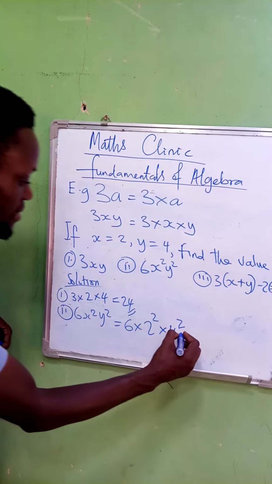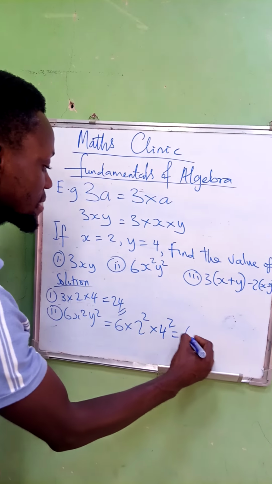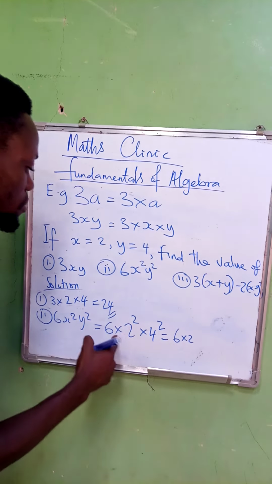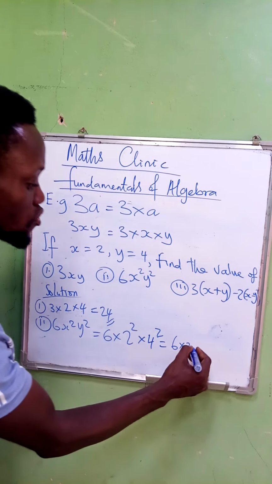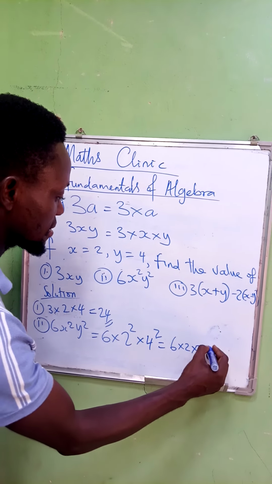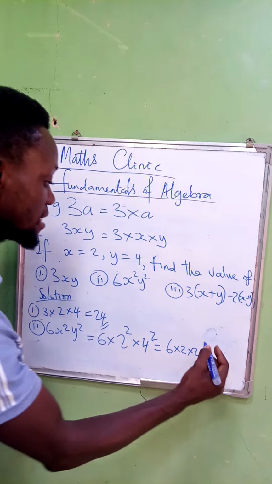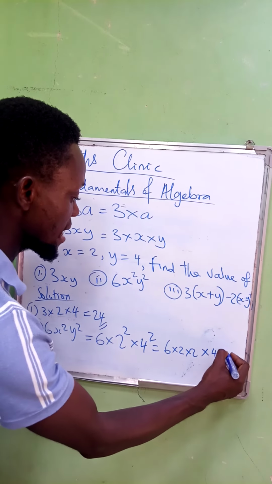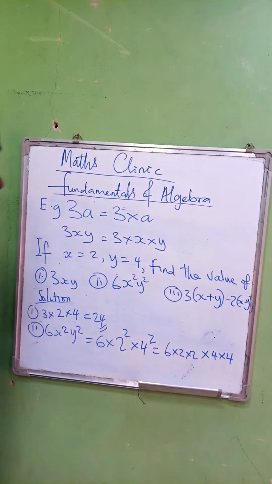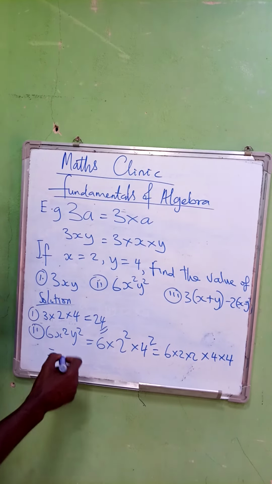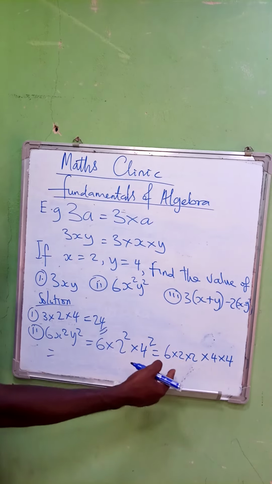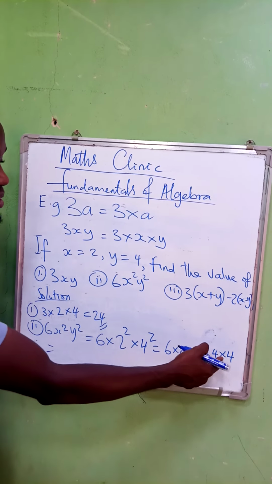Now what does this mean? This implies 6 times 2 raised to power 2, which means 2 times 2, times 4 raised to power 2, which means 4 times 4. That is 4 in 2 places. And that will give us 6 times 2 times 2 times 4 times 4.